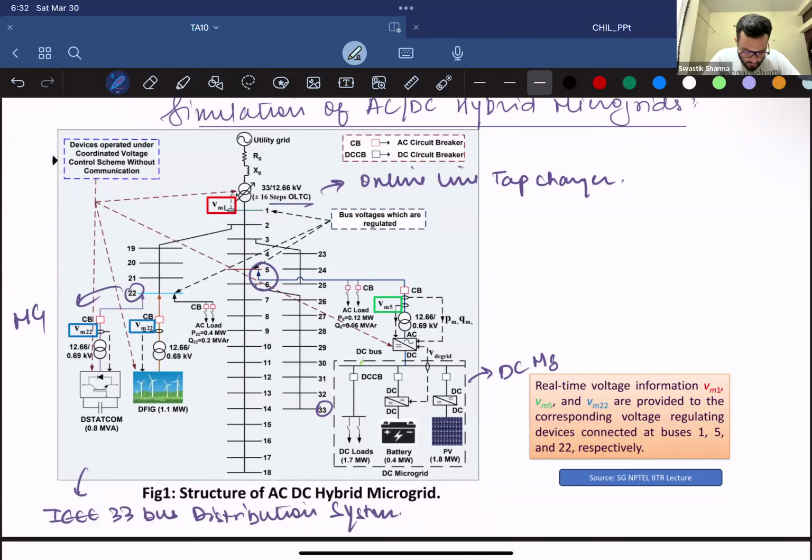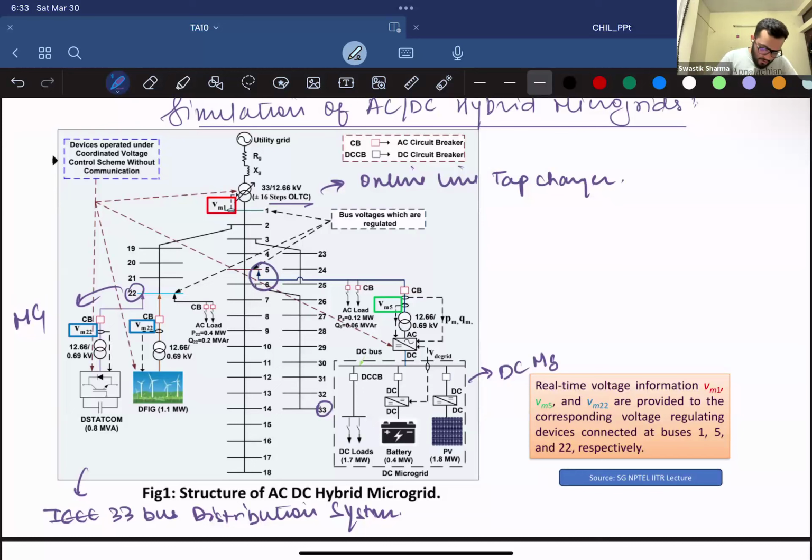What you want to do is regulate voltages at bus 5 and bus 22 because they are connected to renewable resources, and since there are two different kinds of microgrids, both could influence the voltage of your buses in real time. So you provide real time voltage information from all of these three buses to support the necessary voltage regulation at all of these buses.